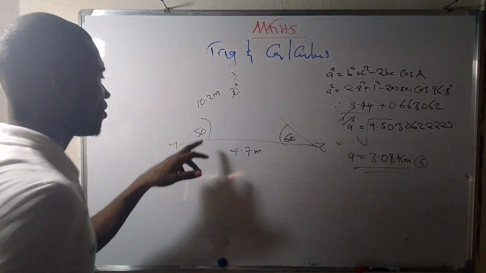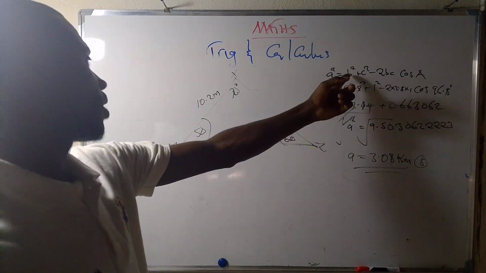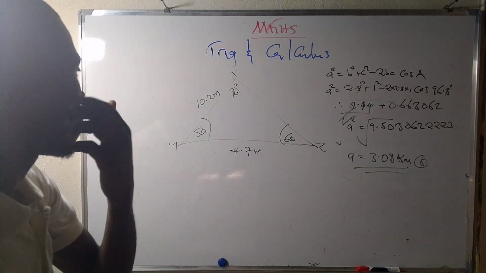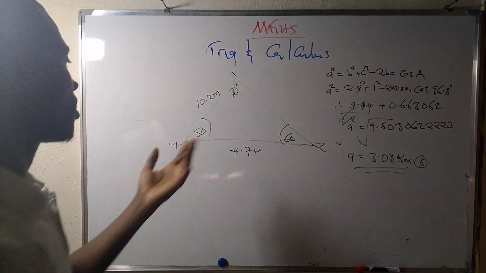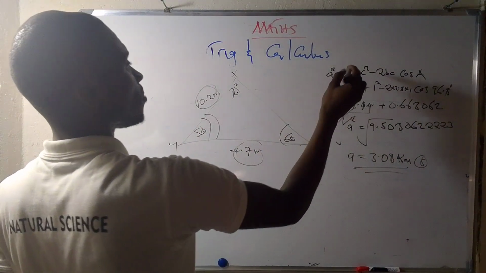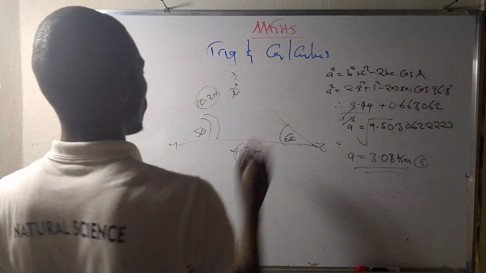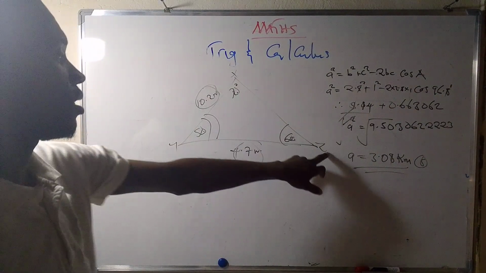So if I have 50 here now, I can use either the cosine rule or the sine rule, because I have this, I have this, I have this. So this I'll place there, then these two will be here. Then I can look for xz.